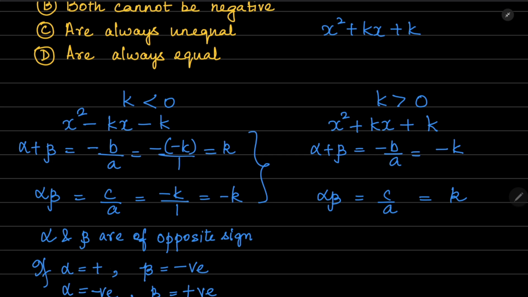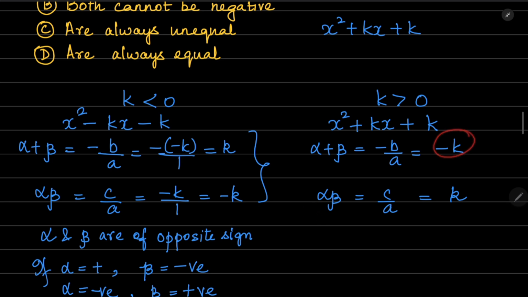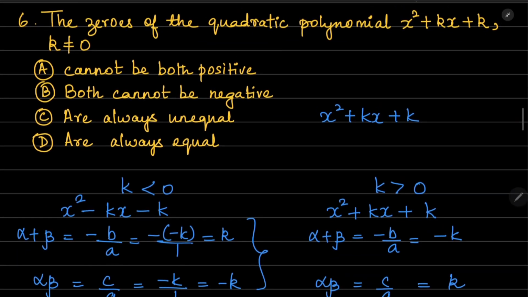Now let us check when k is greater than 0. The scenario wherein alpha plus beta is minus k and alpha beta is k. That means both alpha and beta are negative, right? Only then the sum will be negative, and the product of two negative numbers is going to be positive. So in this case, you will see that alpha and beta are both negative. Now looking at all the options, what do we see here?